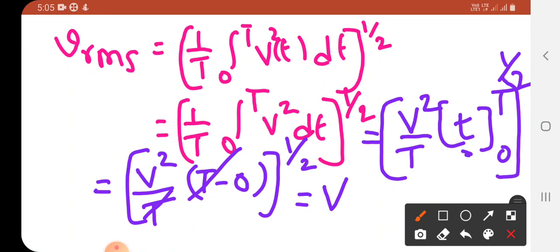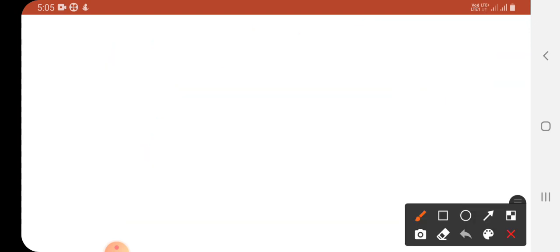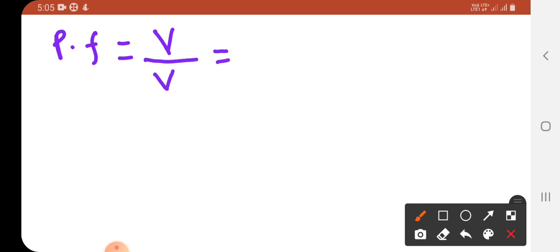Then what about peak factor and form factor? Obviously, the peak factor is the peak value V over the RMS value, which is also V, so it is 1.0. This is the minimum value of peak factor. And what is form factor? It is RMS by average.